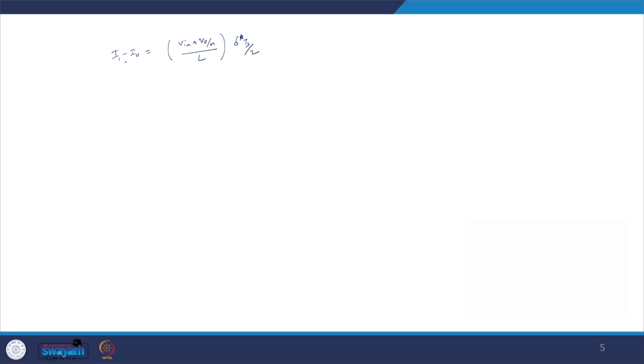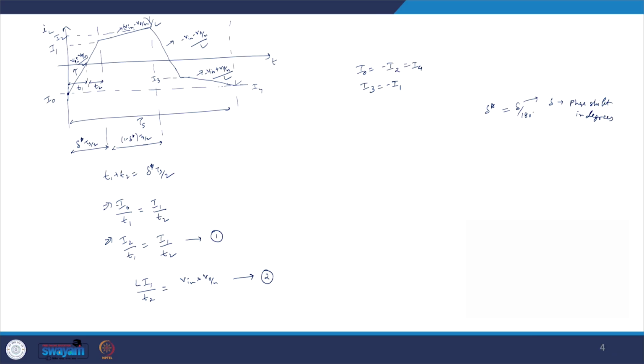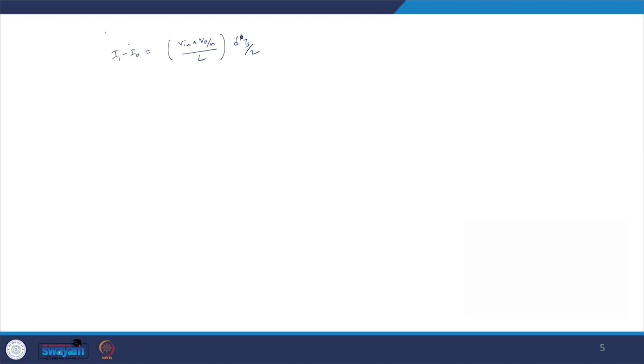And similarly from this point to this point, I2 minus I1 is equal to (Vin - Vo/n)/L into (1 - δ*)Ts/2.